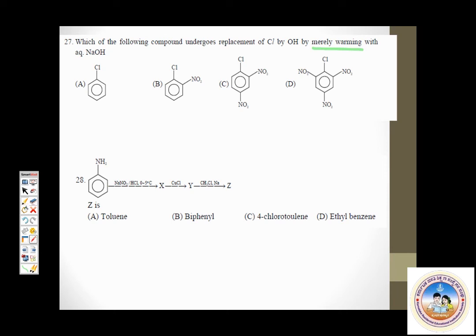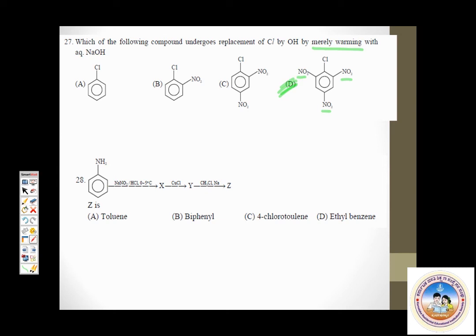So see in which option nitro groups are more in number. Option A, there is no nitro group. Option B, there is 1 nitro group. Option C has 2 nitro groups, whereas option D has 3 nitro groups. So this has the highest number of nitro groups. So option D is the compound which undergoes this reaction by just warming it. You don't have to heat it too much. Okay. Yes. That is question number 27.